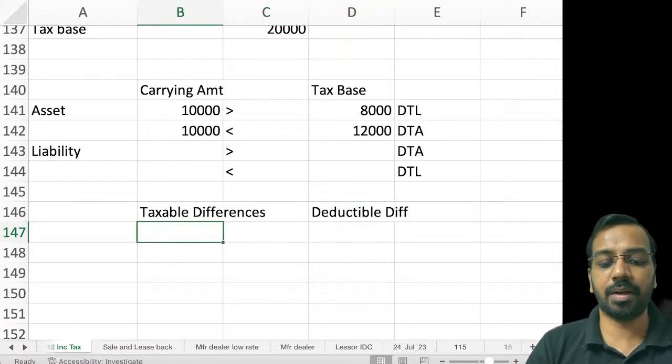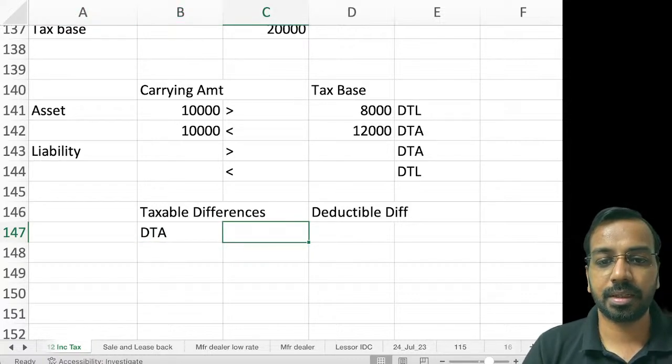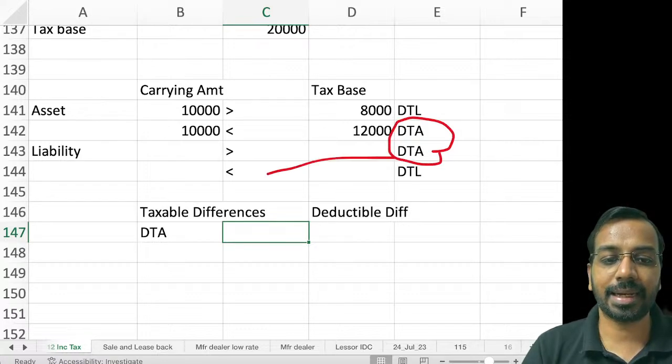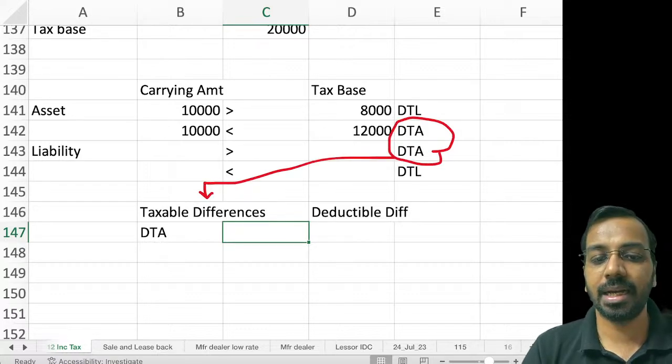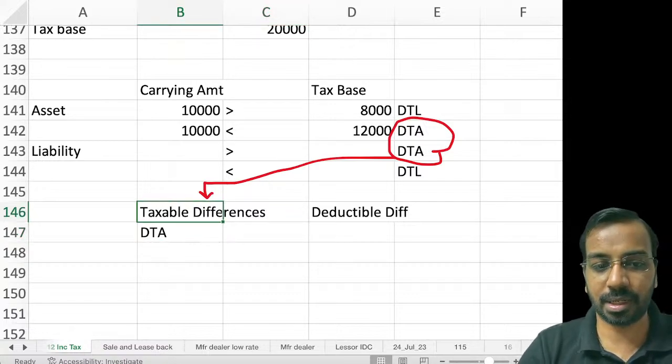If it is a taxable difference, we call it as DTA, that is these two cases. In these two cases, we say there is a taxable difference, and taxable difference is DT. I made a mistake, I'll make it deductible.